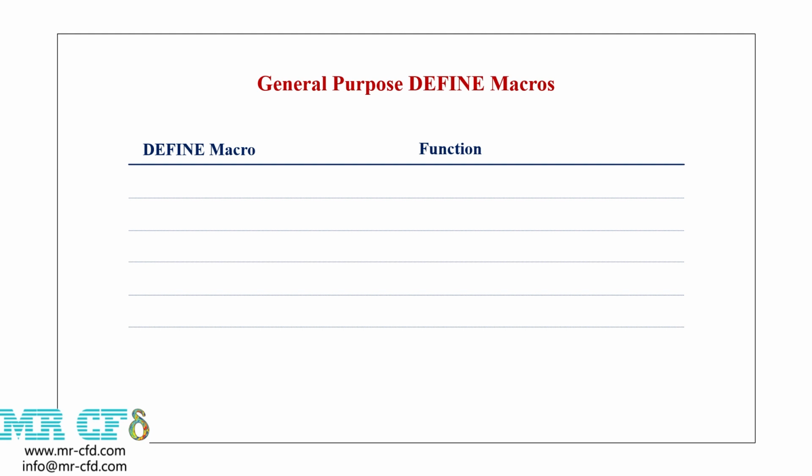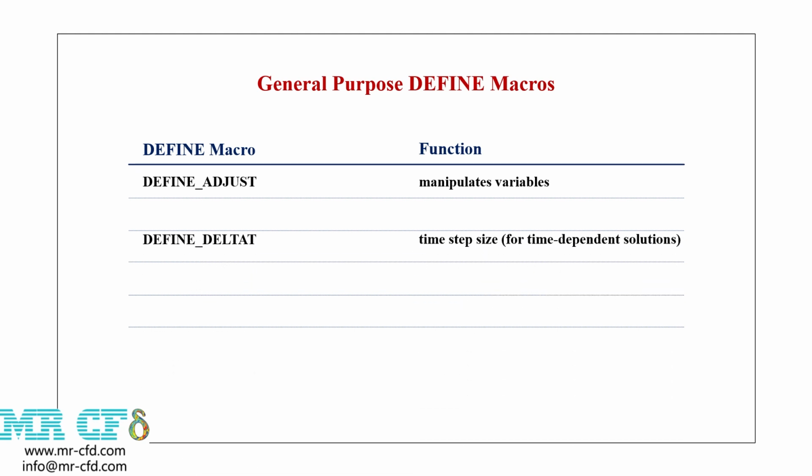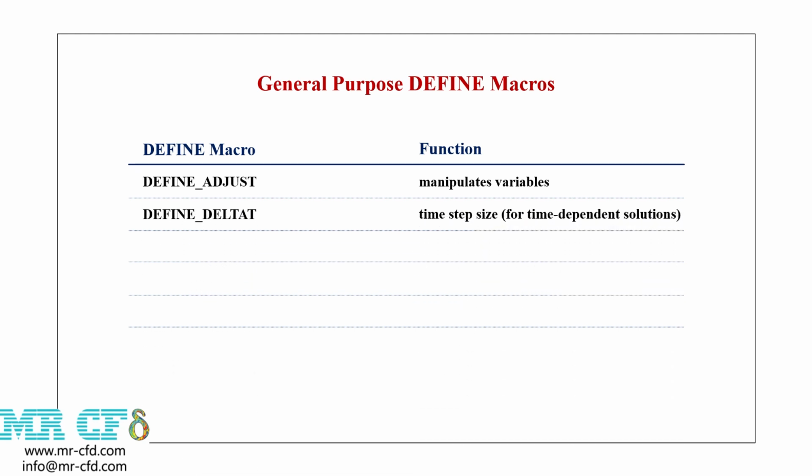DEFINE_ADJUST macro, used for manipulating, changing, and adjusting variables. DEFINE_DELTA_T macro, used to determine the time step only in time dependent or transient solutions. DEFINE_EXECUTE_AT_END macro, used to execute a command at the end of the desired iteration.